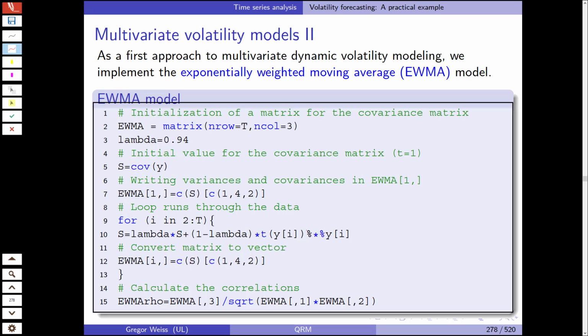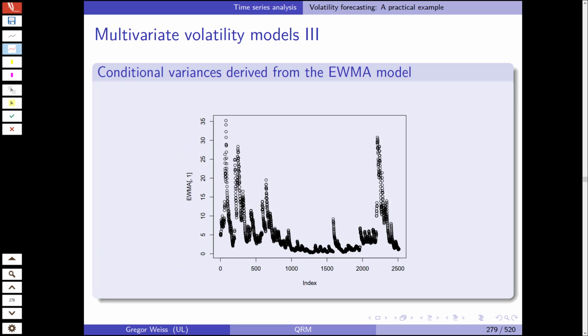And we need a matrix and vector multiplication times this vector. We have to convert the matrix to a vector, EWMA, and so on. Calculate the correlations, and then we continue. And what we get is the conditional variances derived from this exponentially weighted moving average process that goes through the data, weights those observations, and calculates the conditional variances.